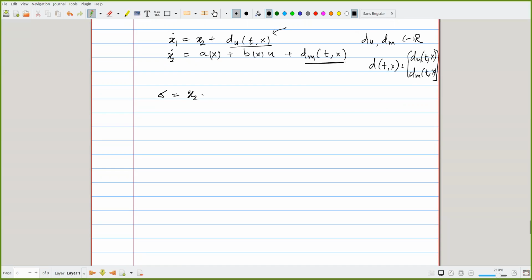I think you may already see it immediately. You have the same surface, x2 plus m x1, and when you make sigma equal to 0, that implies the algebraic identity x2 is equal to minus m x1. Now for making sigma dot 0, we get x2 dot plus m x1 dot.